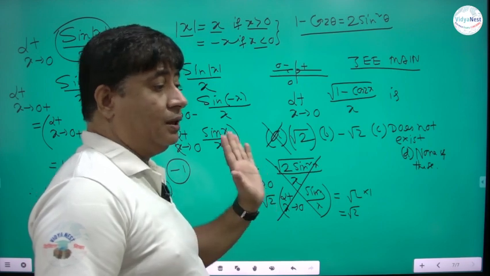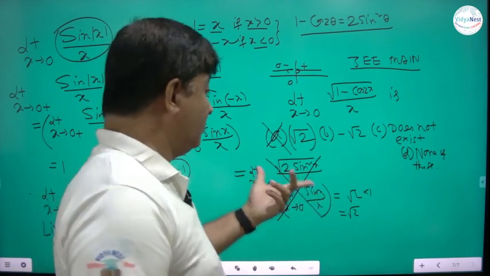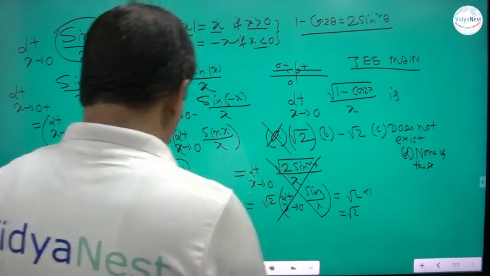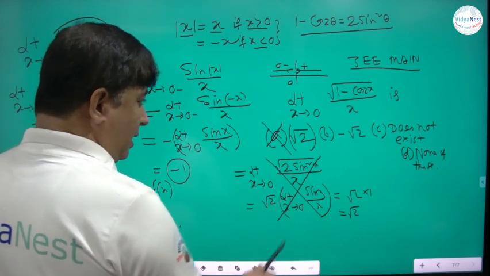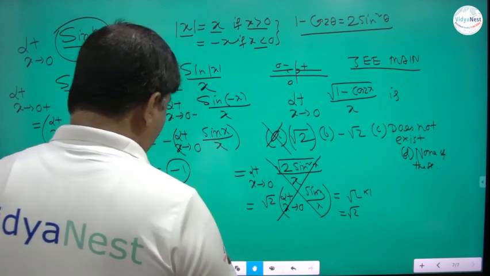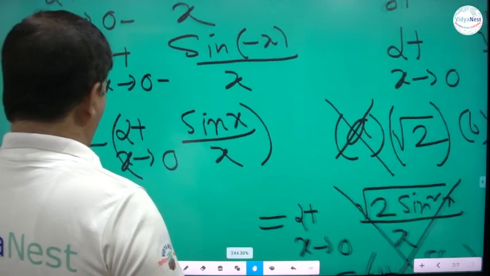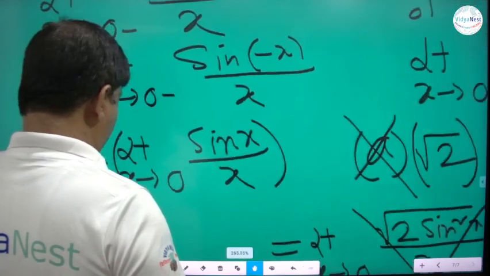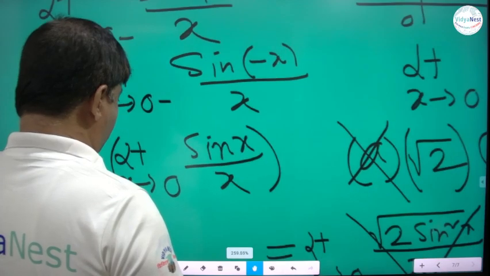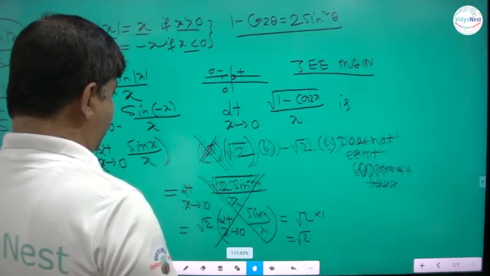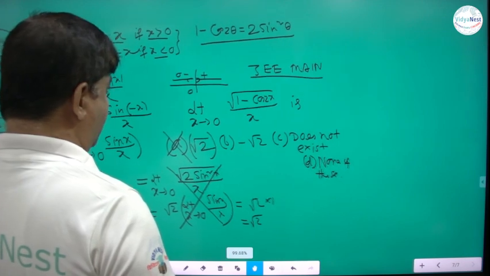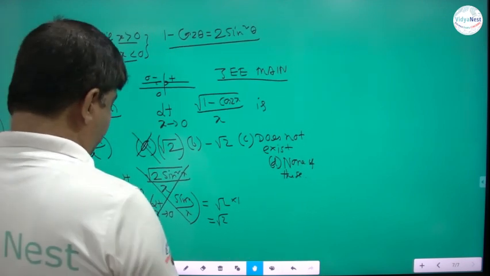That was attempted in that year with this approach. Right now the sum is very much known to you, but at that time it was new. Hope it is clear to you.